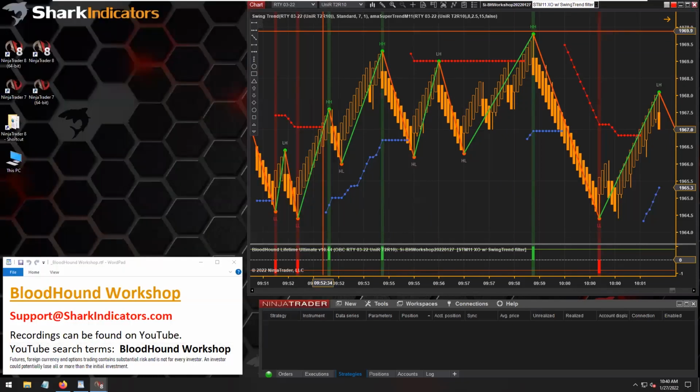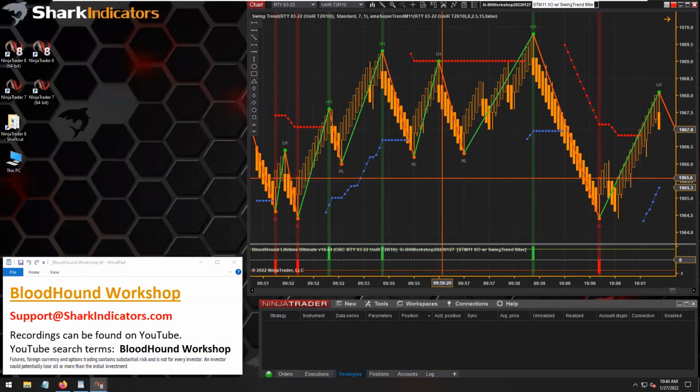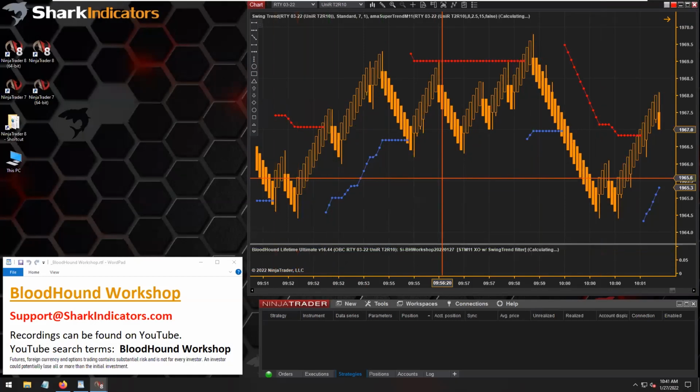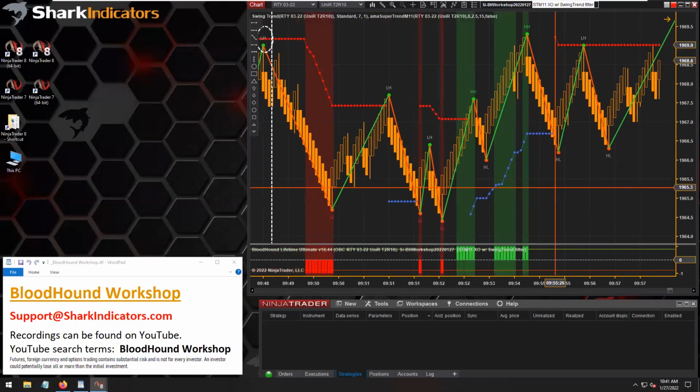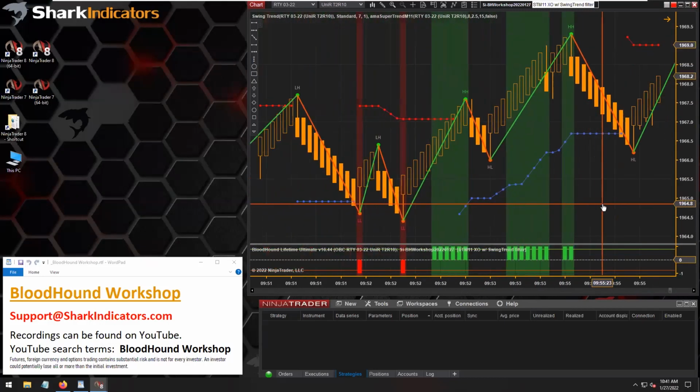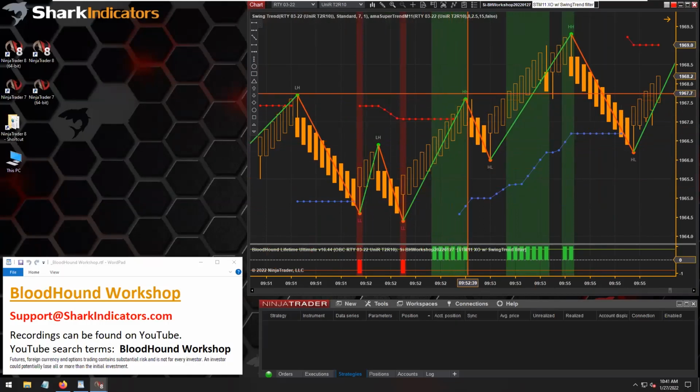So let's save that, and if we reload the chart, now we can see what happens in real time. Let's break this down real quickly. When does a higher high occur? Well, when the previous high point is broken. So as soon as this lower high is broken, right here on this bar, then what's developing is a higher high.